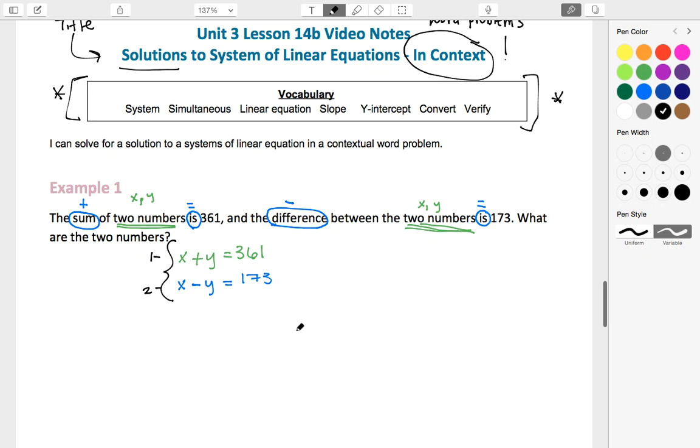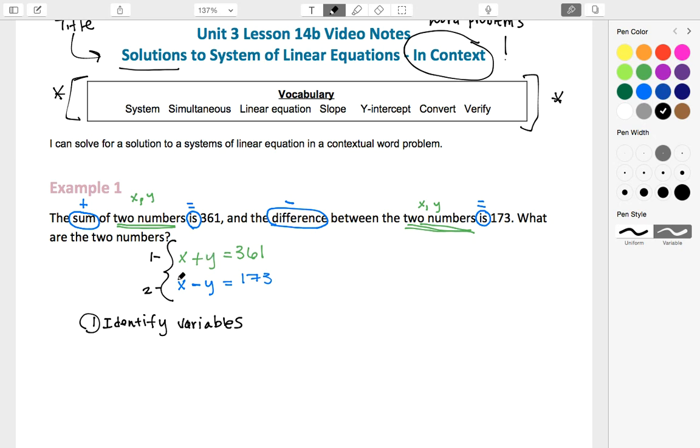Now, what we want to do first is identify variables. You want to start practicing this always, when we're talking about word problems or problems in a contextual sense. So identifying variables.